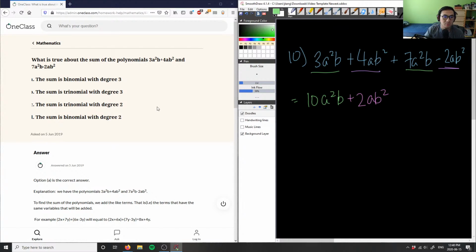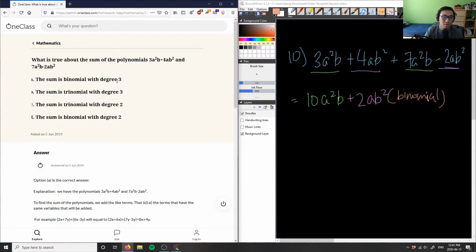And what we want to now do is look at, as you can see, we have a binomial, right? Options 2 and 3 are false because I have a trinomial, and we don't have a trinomial, we have a binomial. This is a binomial because I have 2 terms. Now we have to figure out, okay, does it have a degree of 2 or a degree of 3?